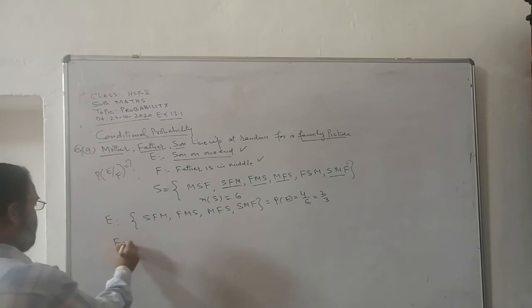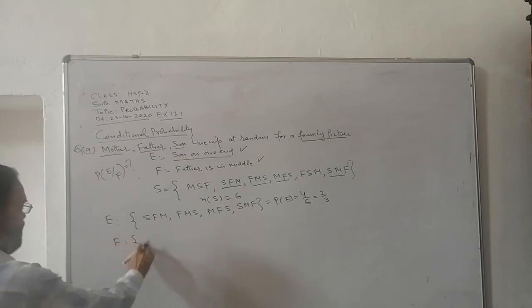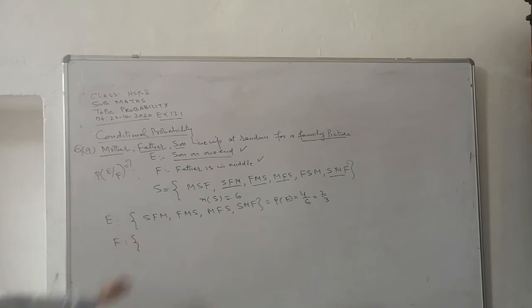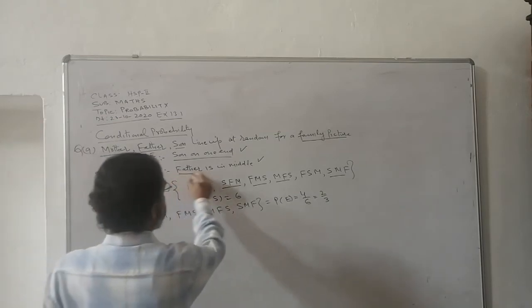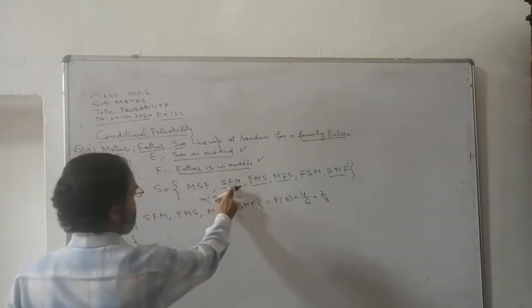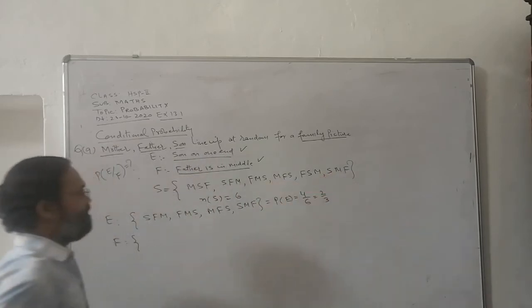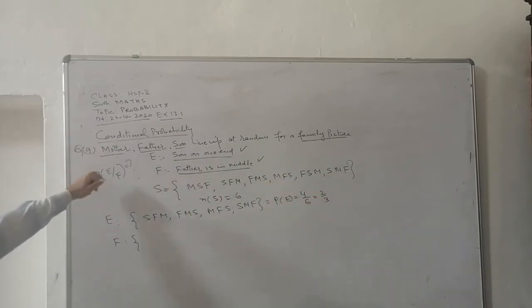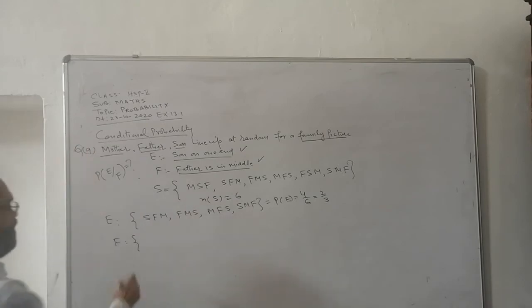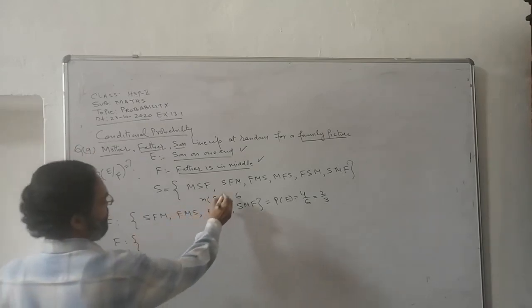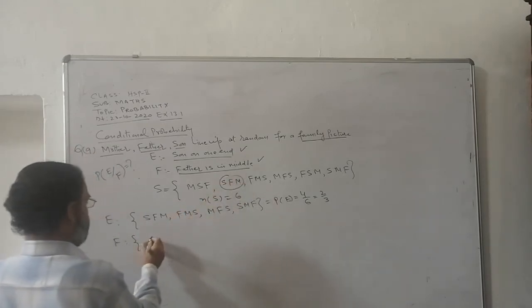Now F is the event where the father is in the middle. We have to find the points from the sample space where the father is in the middle.